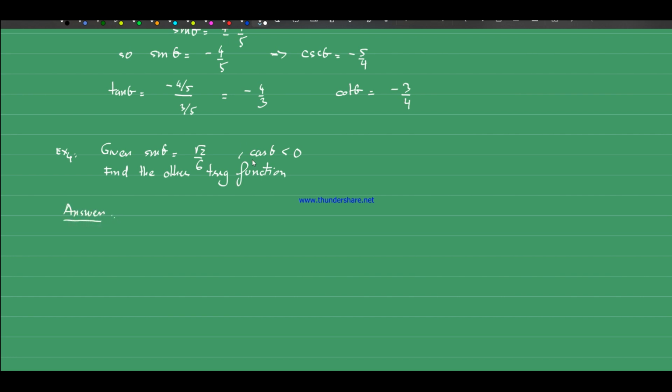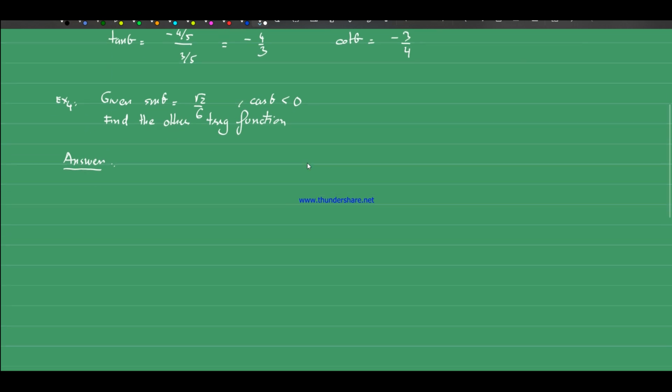Okay, so we know sine is positive, cosine is negative. Think about it. What quadrant has sine positive? Over here we have sine square root 2 over 6, so this is positive, and cosine negative. Based on this, we know what quadrant: sine positive, cosine negative, quadrant 2.